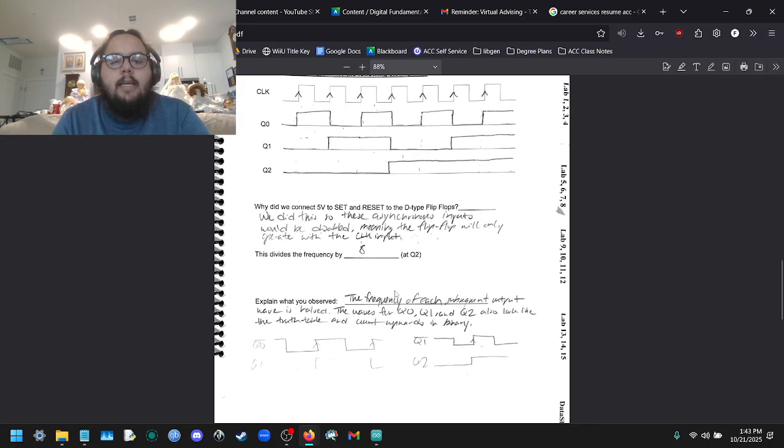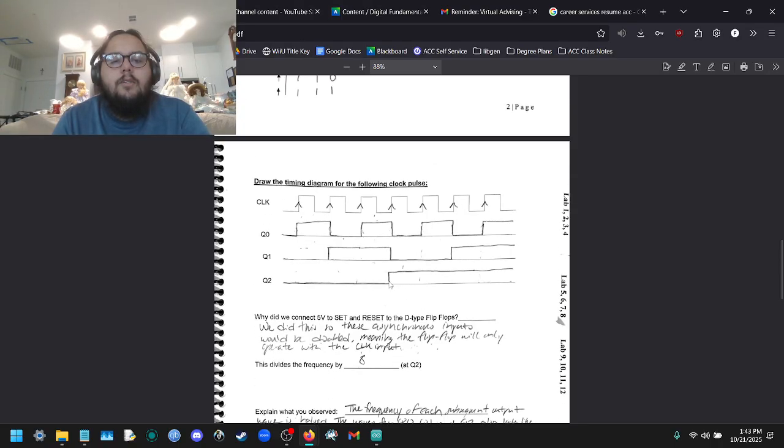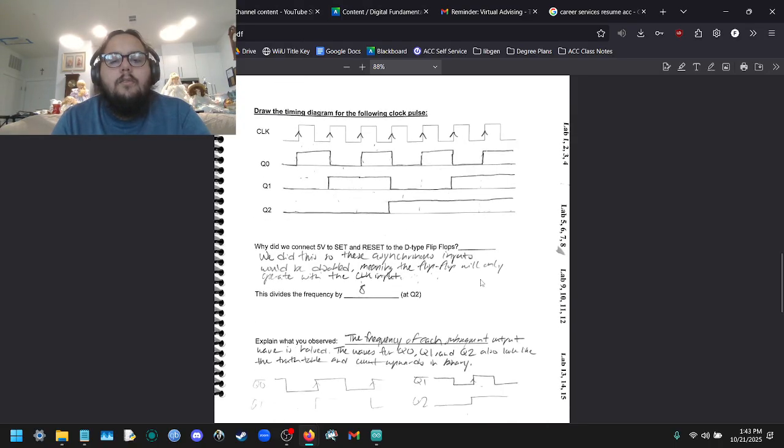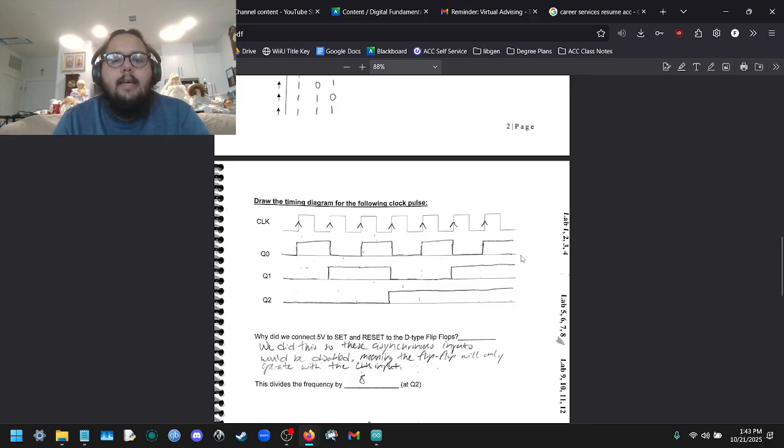And the PGT of the inverse of Q1 is what will determine the Q2 waveform. And that's what ends up giving you the counter.